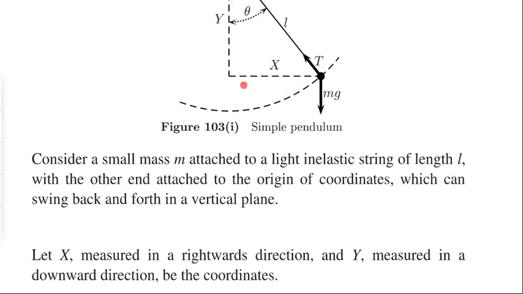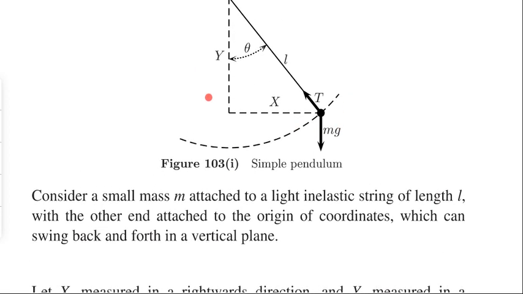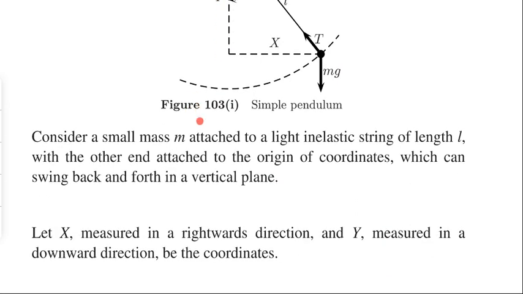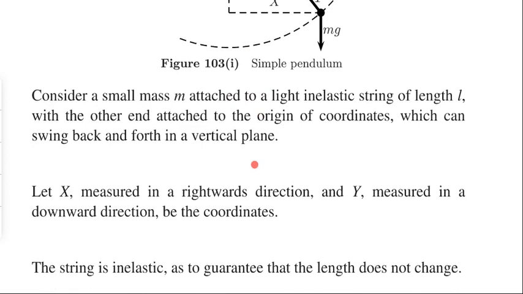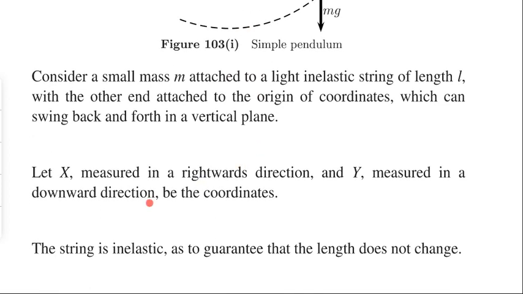Let x be the rightward direction and y the downward direction. So we will have two coordinates, x in the horizontal line and y in the vertical.